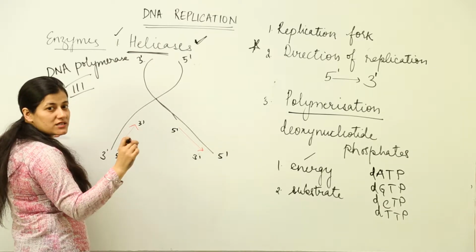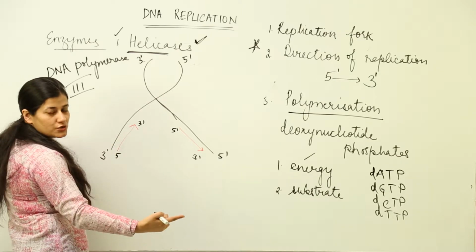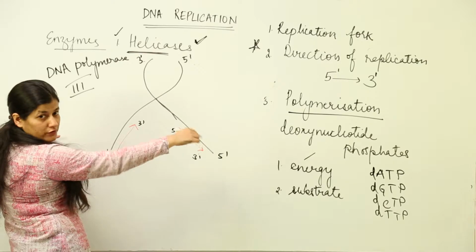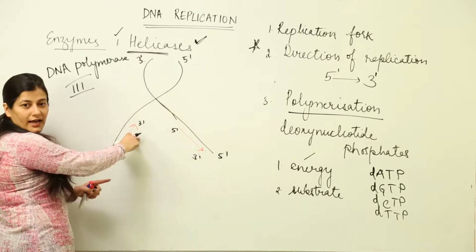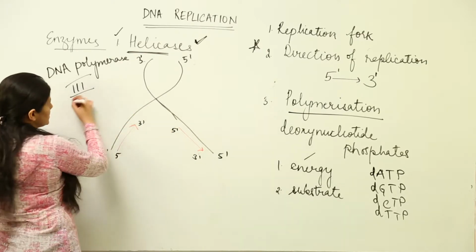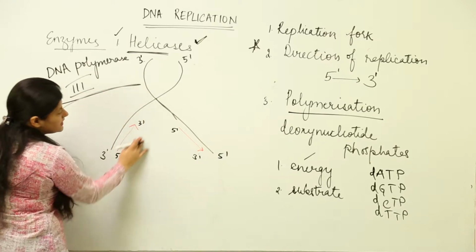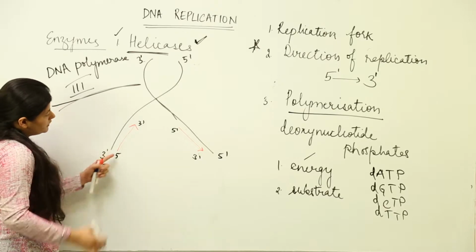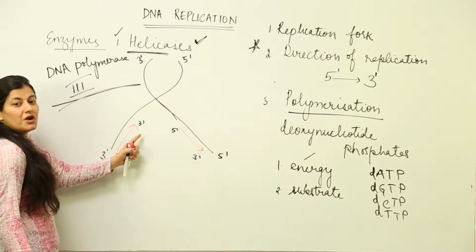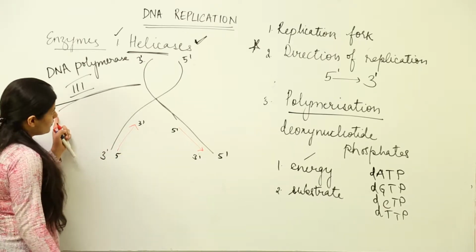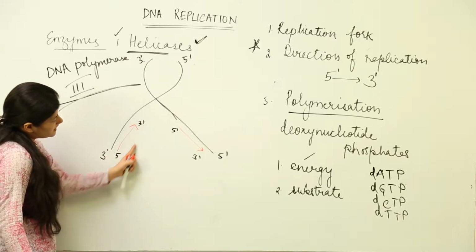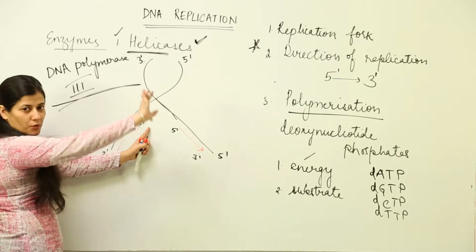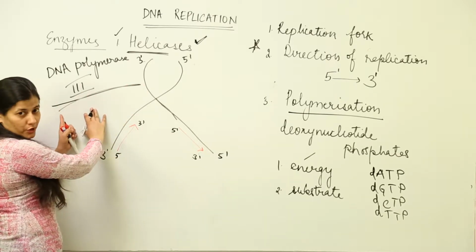It is highly specific that whatever polymerization takes place, every time the deoxynucleotide phosphate would come and join at the 3' end. Then only is polymerization possible. So, it polymerizes in this direction only. That is why DNA replication always takes place in the 5' to 3' direction. So, DNA polymerase extends the replication. That means it extends the polynucleotide chain. It is responsible for polymerization.